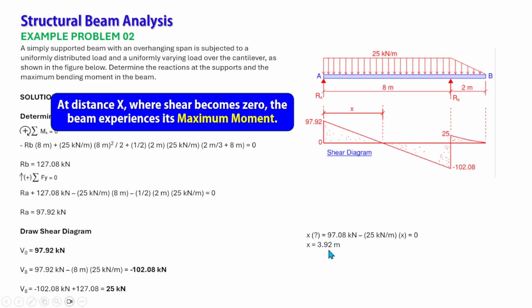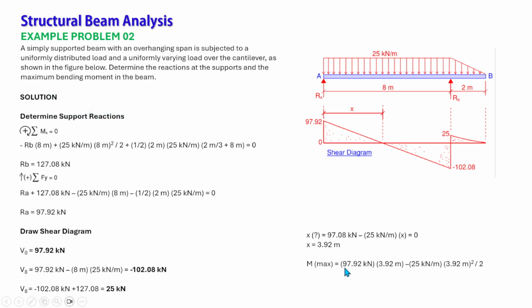So once you have determined the value of X, the location of zero shear, even without proceeding to the moment diagram, you can then calculate the maximum moment, because the maximum moment is located at the location where the shear is 0.